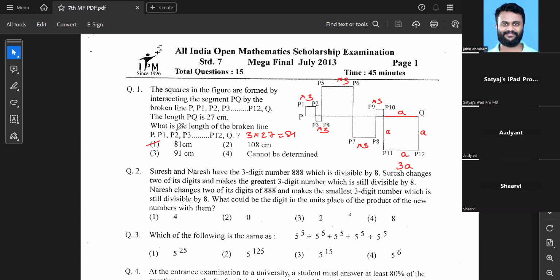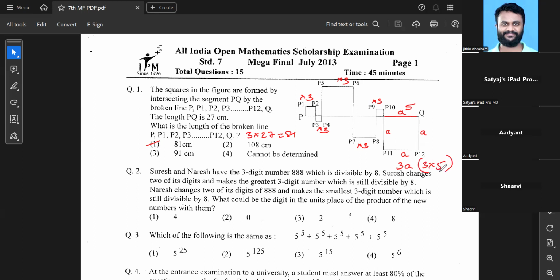Can you explain the three times part? Sure. You observe the straight line. If this distance is only 5, for example, then this will also be 5, this will also be 5, this will also be 5. So ultimately, the distance will be 3 times 5. Am I correct or not?